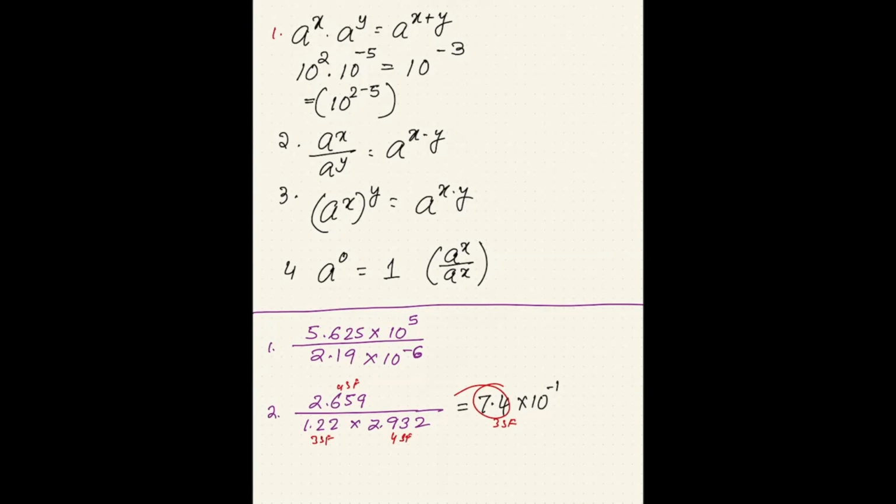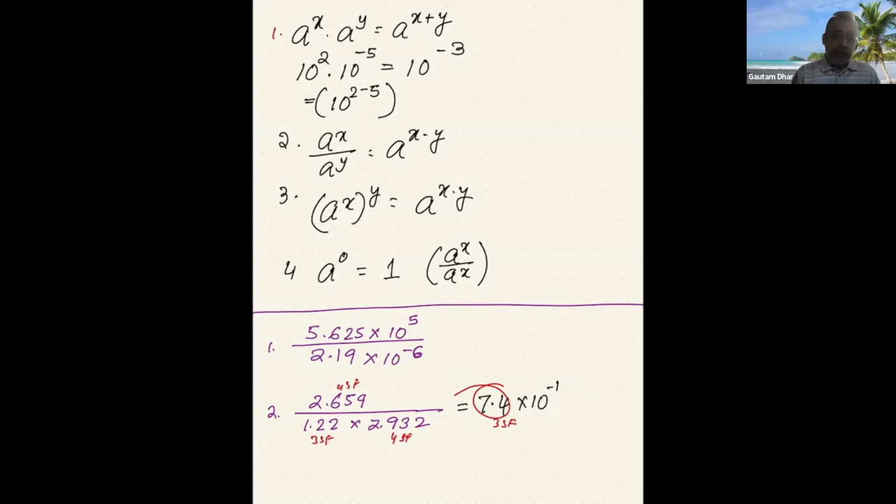Oh, okay. What I got is 2.56849315. Okay, so we do not need that much. Let me see. 5.625 divided by 2.19 is 2.5684. I mean, that much is good enough.